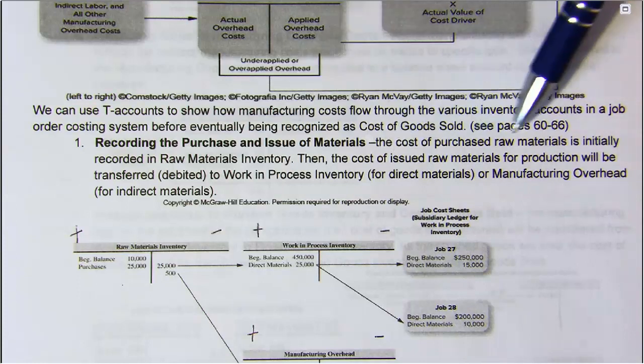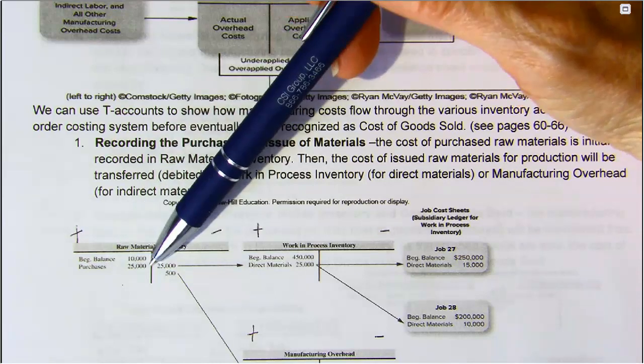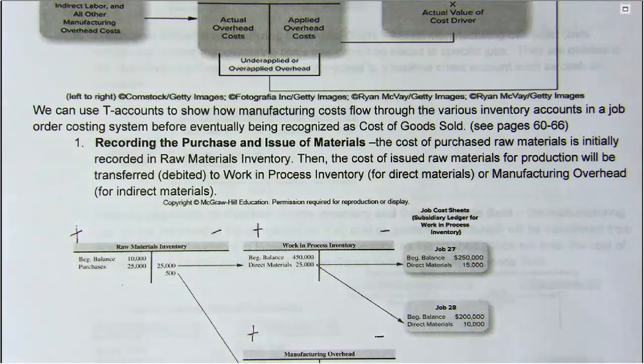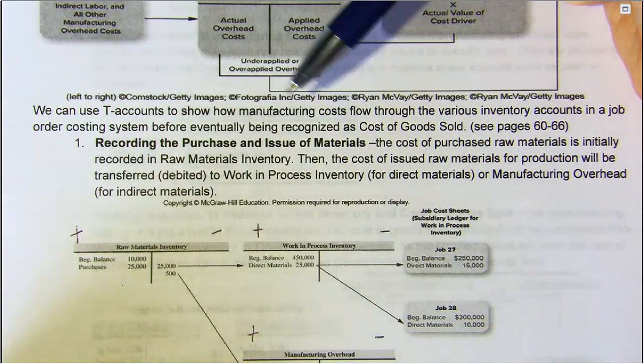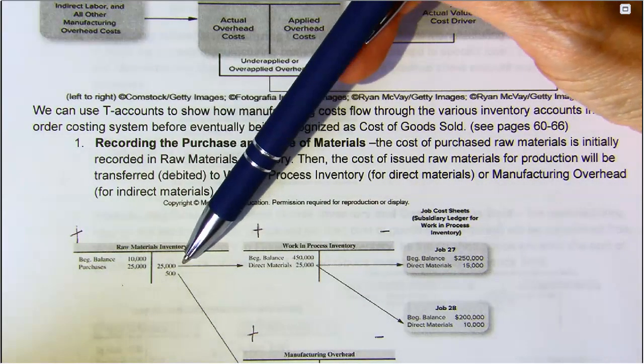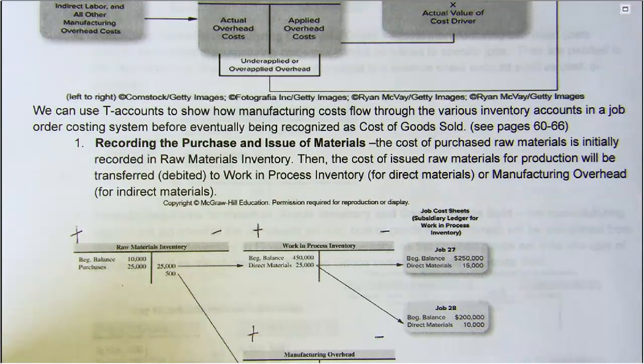So the cost of purchased raw materials is initially debited here to raw materials inventory and probably credited to accounts payable, because when materials are purchased, we don't usually pay for them in cash. The amount is just too great. When a materials requisition order is filled out and they are requested into the production process, we credit raw materials inventory and we debit direct materials to work in process inventory.